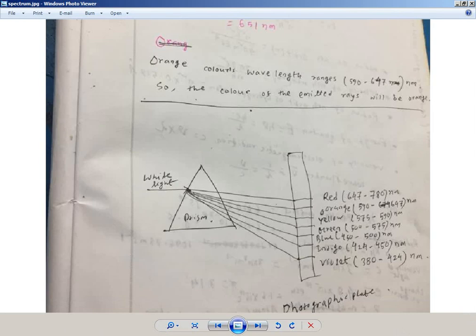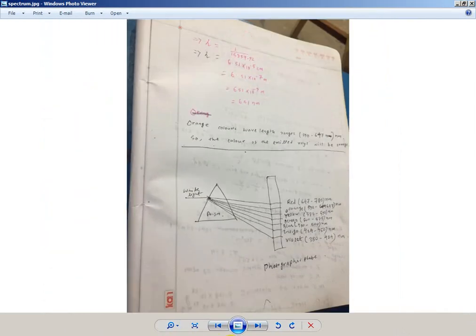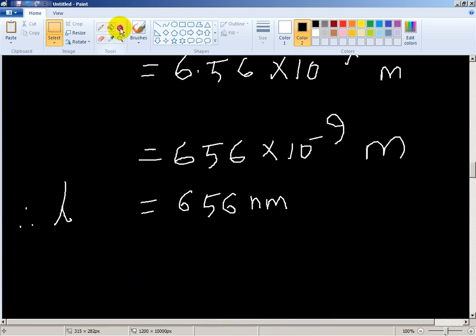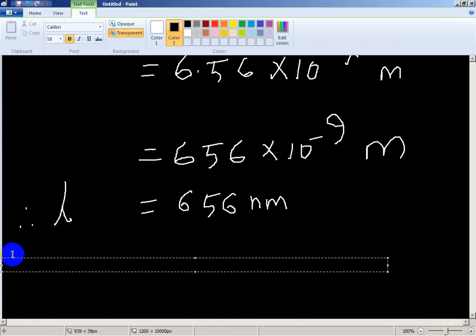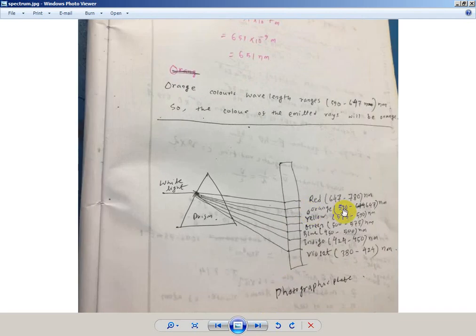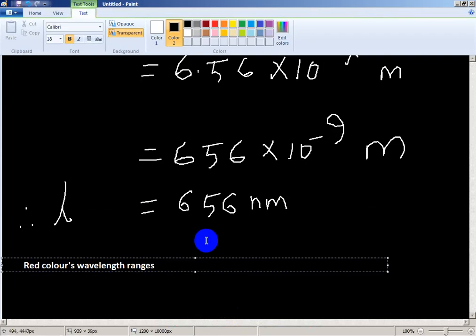So we write the red color wavelength ranges from 647 to 780 nanometer.